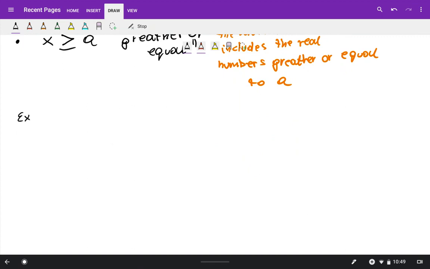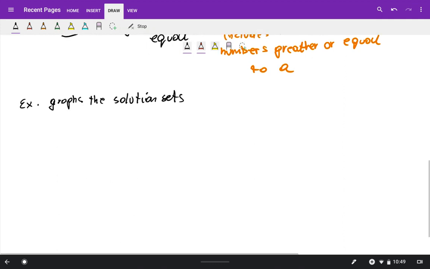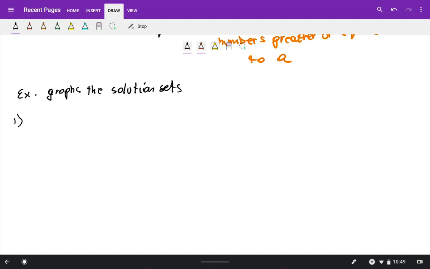Example: graph the solution sets. First one, we have y is less than 0. On the number line, which represents the real number system, I'm just going to put 0.